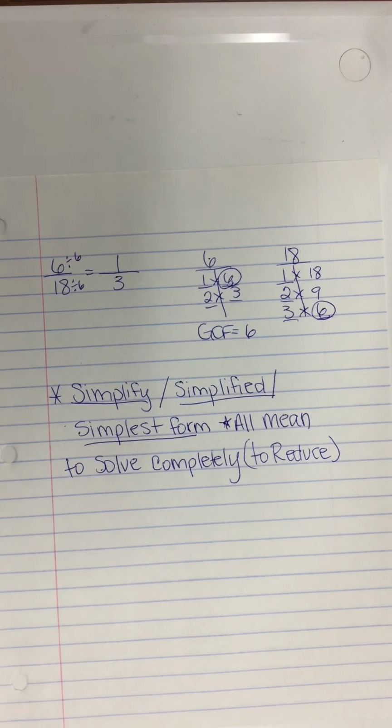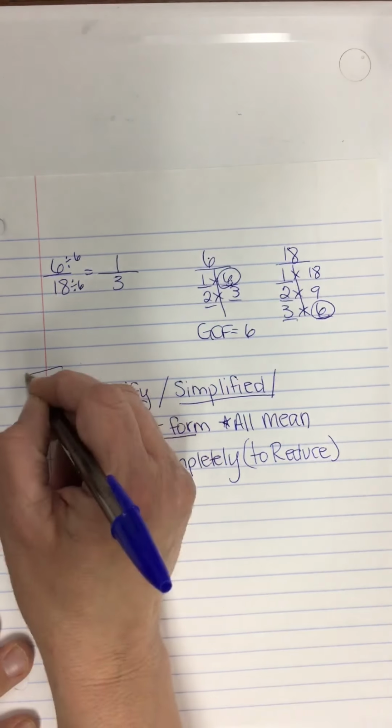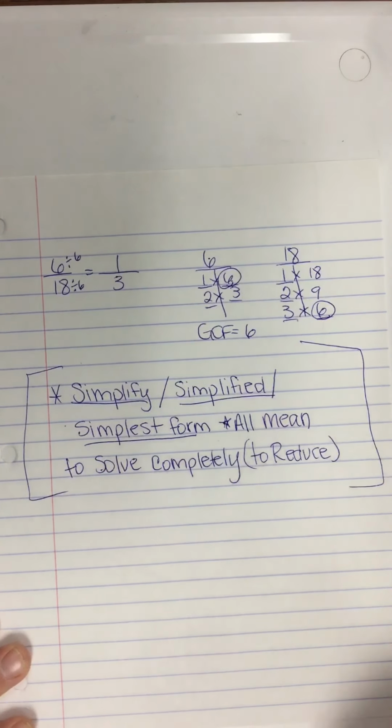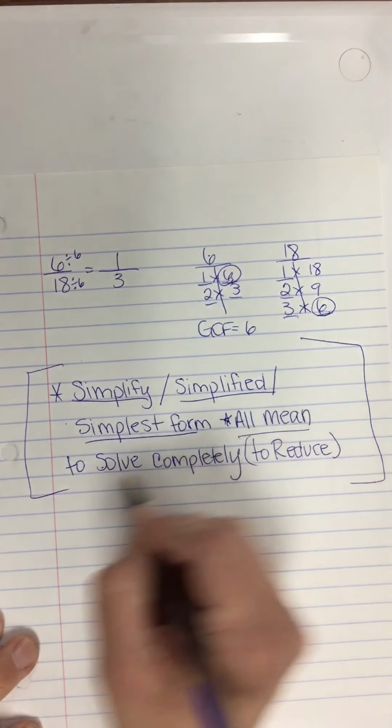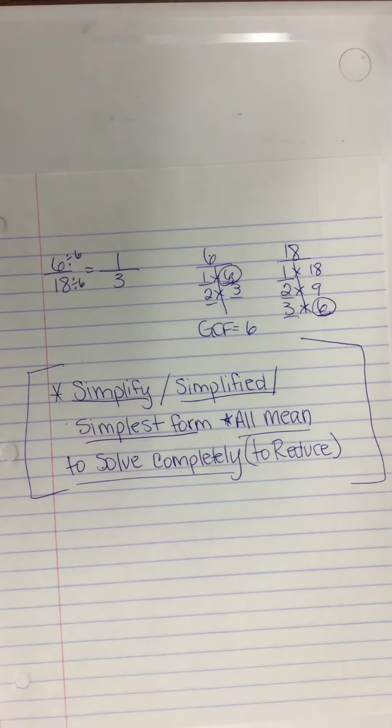It's going to ask you to reduce or simplify or put it in simplest form. So you need to know that means solve. Sometimes you've seen simplify when we're talking about order of operations. That means to solve. Okay? So you have to make sure that you are solving all the problems and working everything out completely.